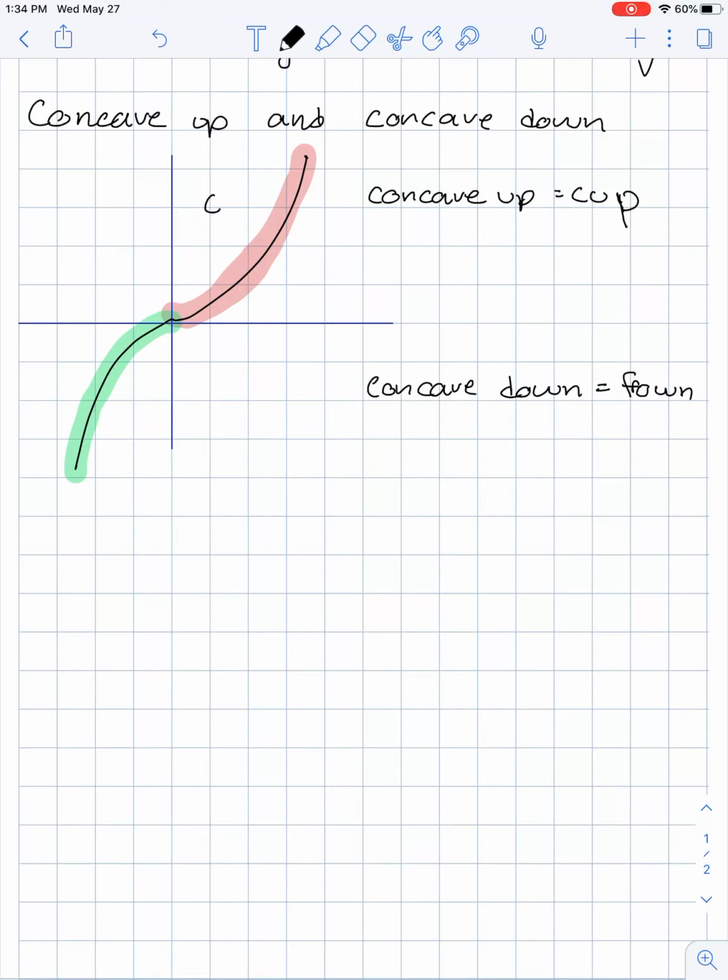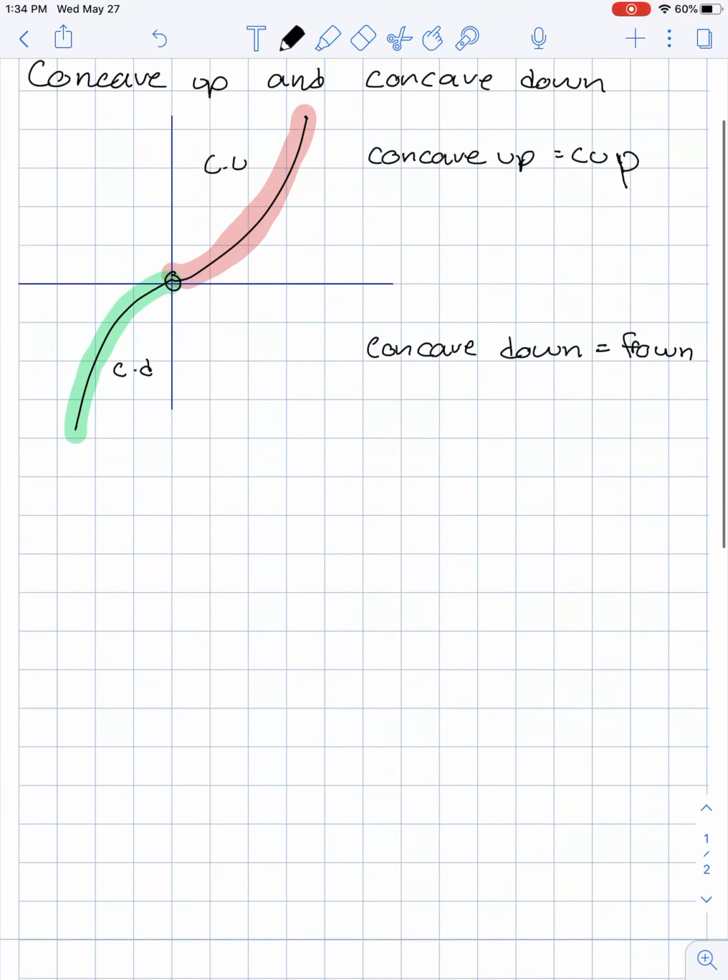Right? So we're concave up right here and concave down in the green. That's how we can kind of look at a graph and figure out if we're concave up and concave down. And we'll talk about this little middle part too in a second.